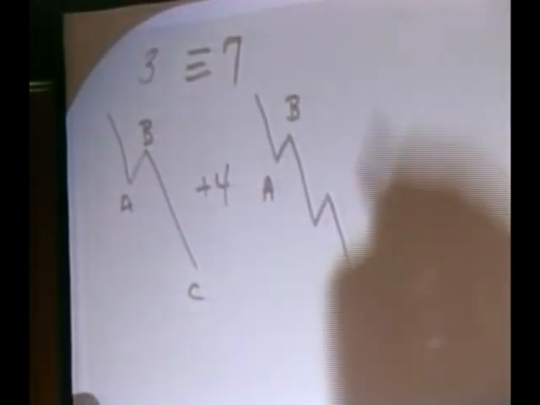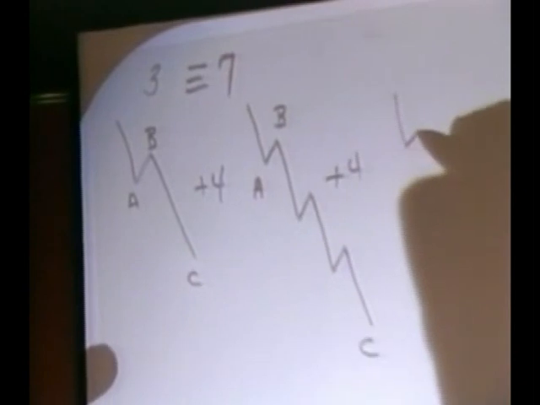Because I can label this, we said that in a zigzag, either the A or the C wave may only show one wave, and one of them could be a 5-wave structure. So this could just as easily be labeled A, B, 1, 2, 3, 4, 5. In this case, since we don't have any overlap, and the third wave is not the shortest. Suppose I add 4 waves again.